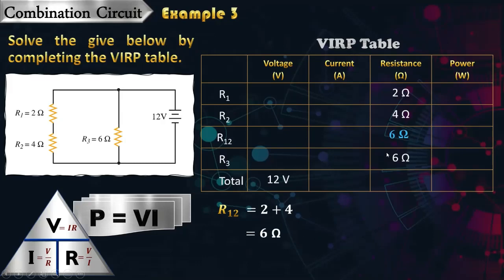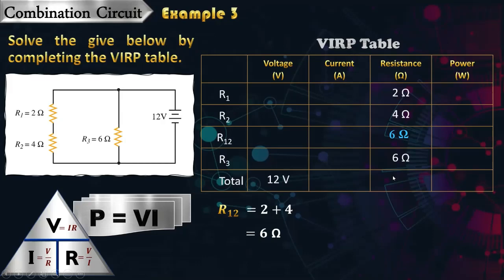After getting the equivalent resistance, next is to get the total resistance. Take note, the given is now a parallel circuit with 2 resistors, R12 and R3.